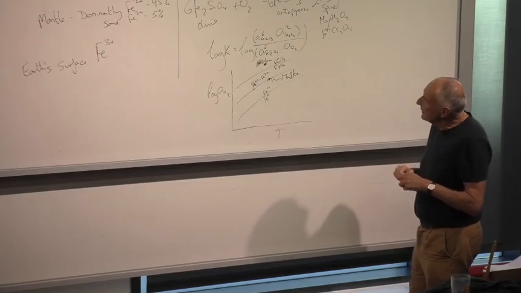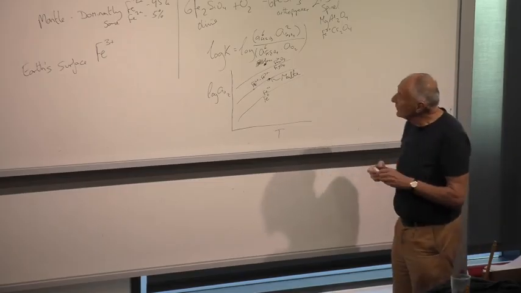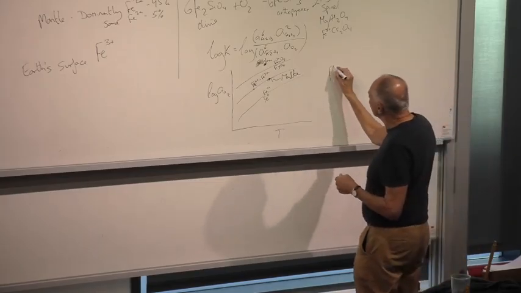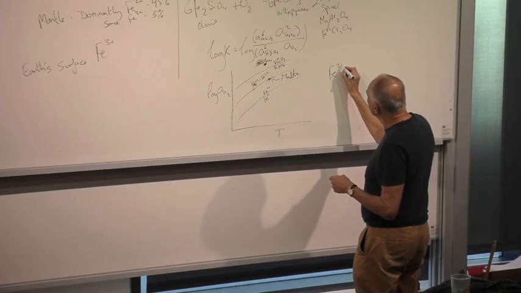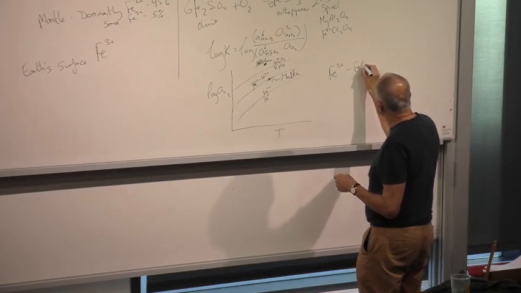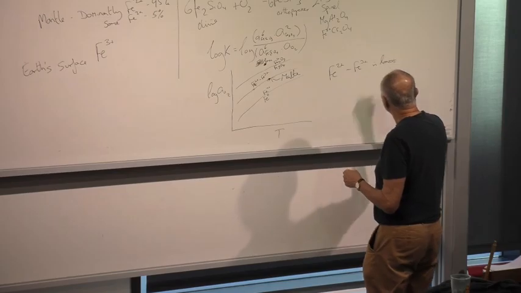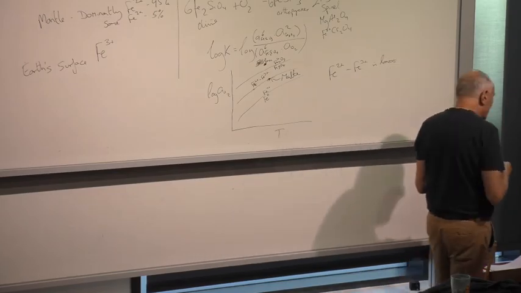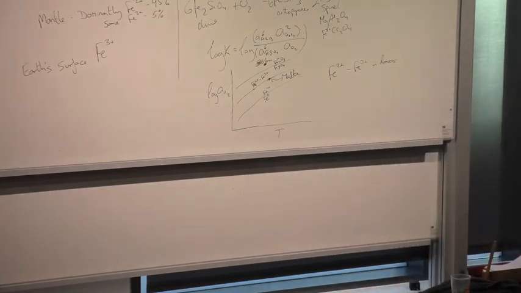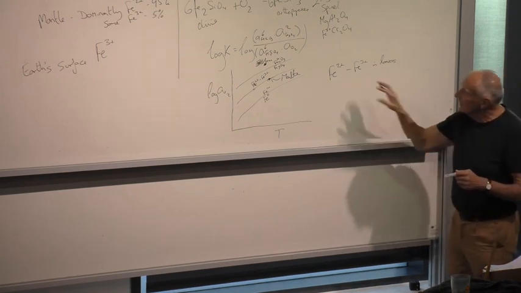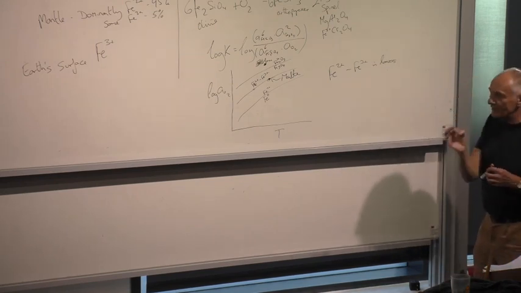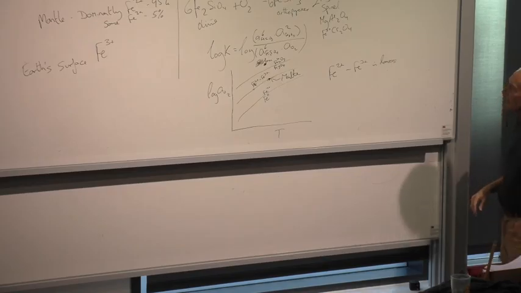Another thing, if we go to lavas, we can look at Fe2+, Fe3+ equilibrium in lavas. This has become much more accurate in recent years because we now have micro methods of measuring iron 2+, iron 3+ in very small inclusions of melt inside minerals.